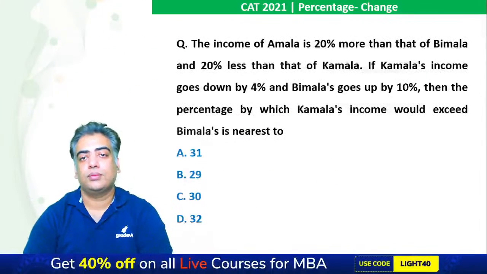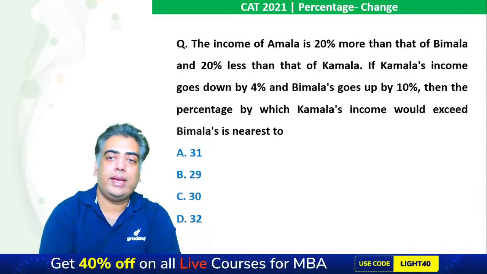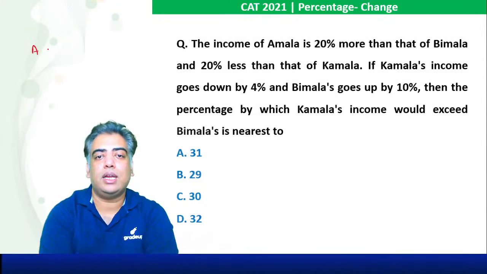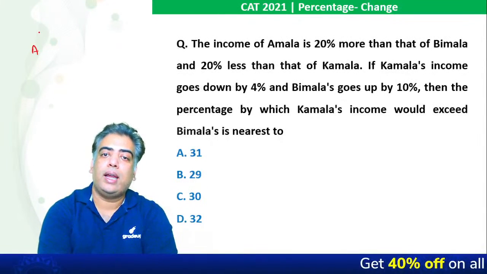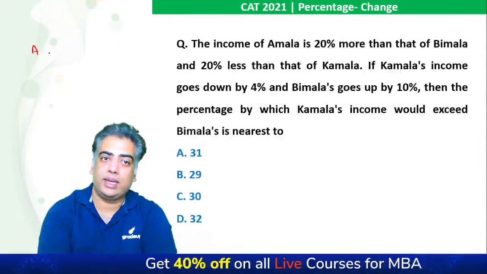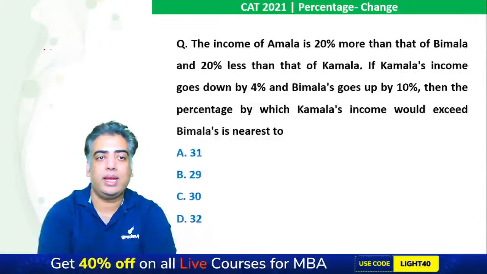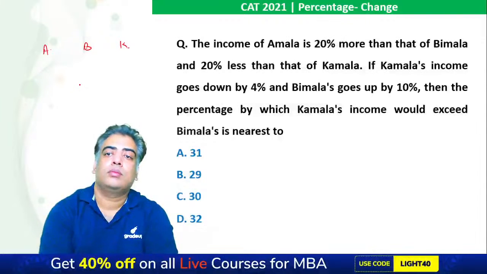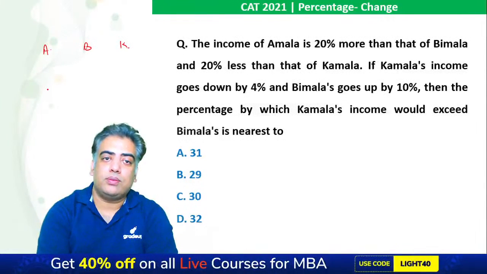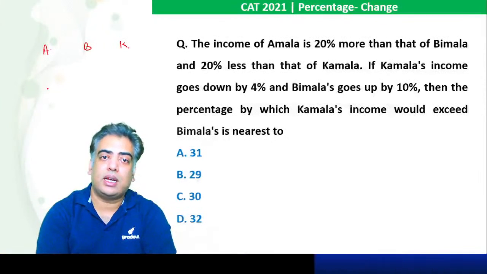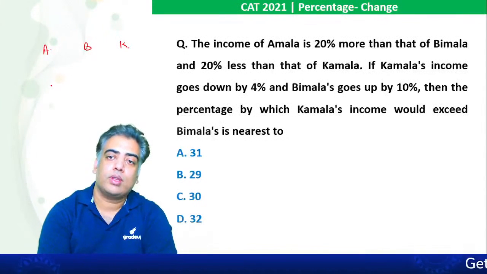Right. The income of A is 20% more than the income of B and 20% less than that of K. So we are given relation between A, B and K. So here we again need to assume certain set of values because finally percentage calculation is coming into picture, right?